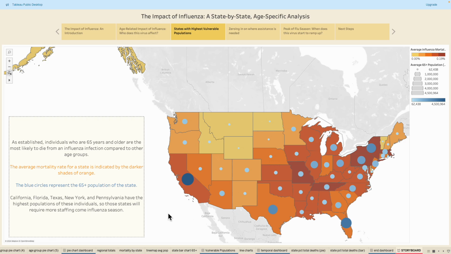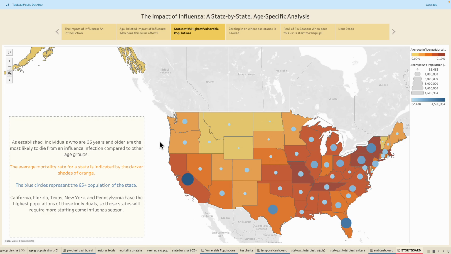And what we see is that California, Florida, Texas, New York, and Pennsylvania all have really high populations of 65 plus individuals, but the highest mortality rates are in states like New York, Pennsylvania, Tennessee, Missouri, Massachusetts, and Colorado. We're going to look at these two metrics and talk about which one is more useful in terms of determining where we should send our staffing in a second.